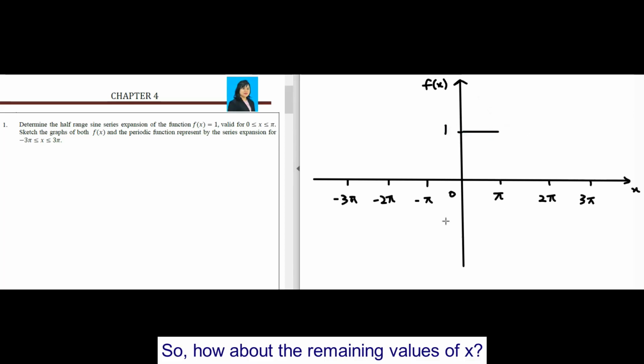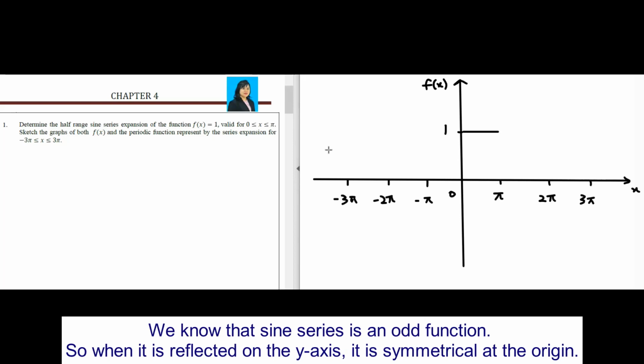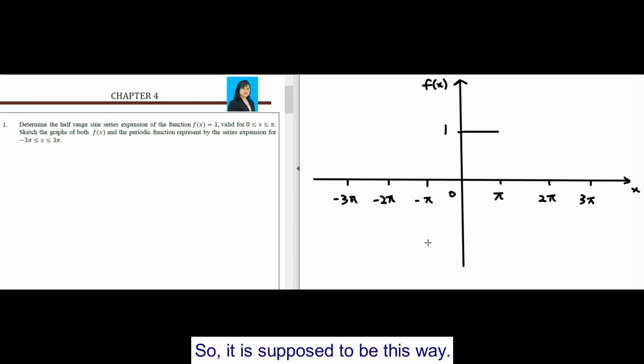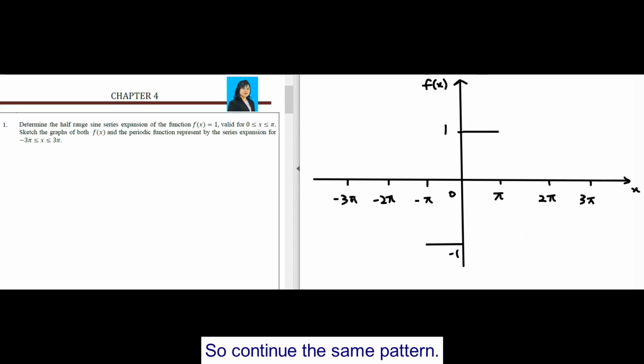So how about the remaining values of x? Half-range sine series. We know that sine series is an odd function. So when it is reflected on the y-axis, it is symmetrical at the origin. So it is supposed to be this way. So continue the same pattern.